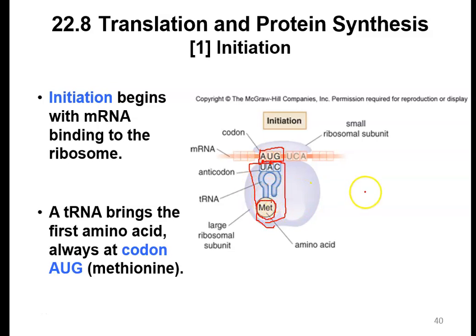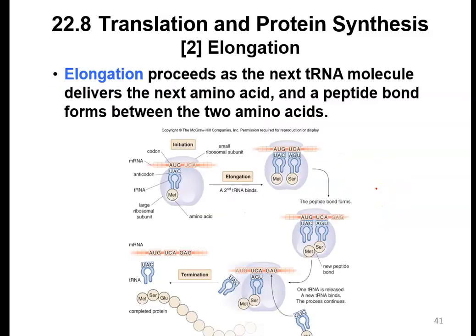What's going to happen now is another one of these is going to come by, and its codons are going to pair up with this one right next to it, and it's going to come in here and hook into here, and you'll have an amino acid that corresponds. Then these eventually will get hooked onto each other, and that will finally come off, and then another one will come in and hook onto there, and then another, and another, and so forth and so on. That's basically how this works.